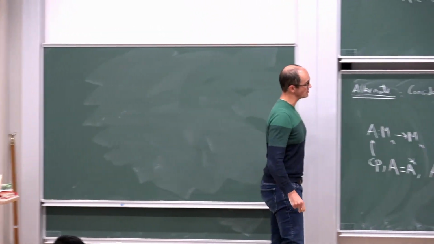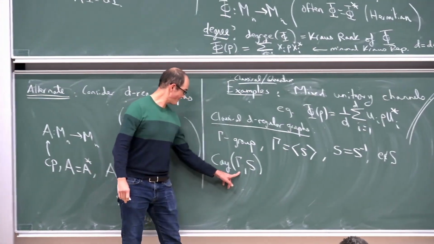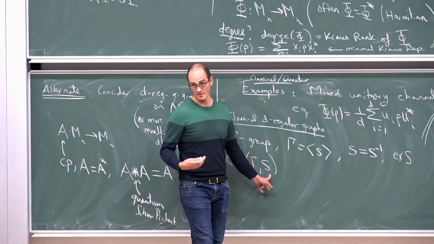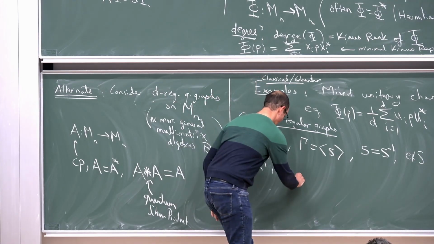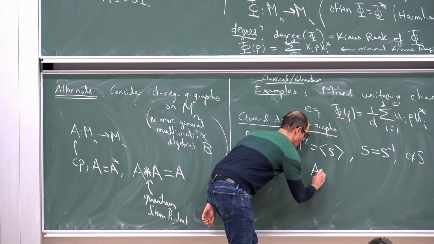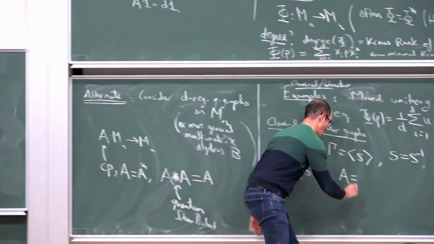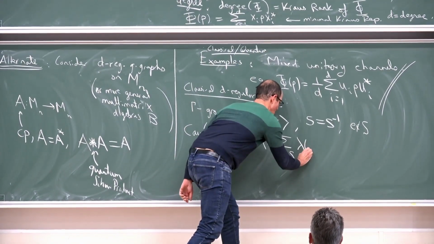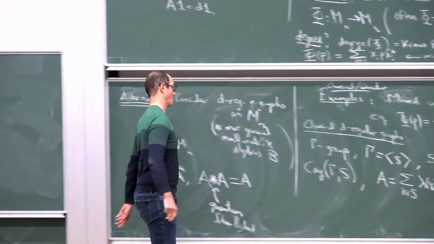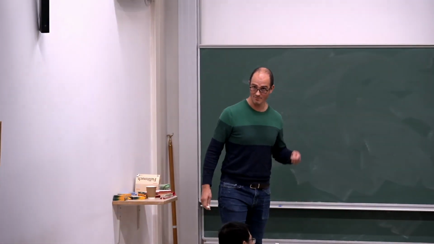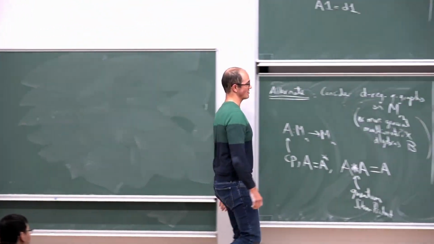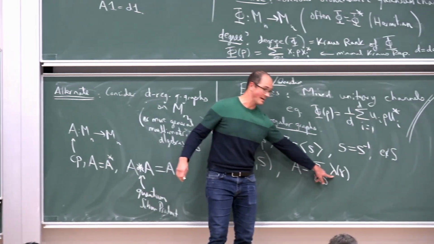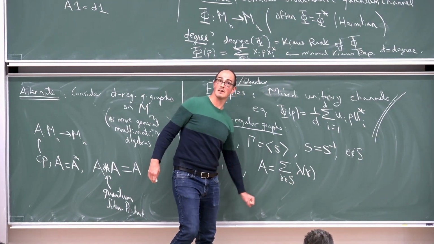The Cayley graph associated to S is the graph whose vertices are the elements of the group, and the adjacency matrix of the graph is, informally, the sum over all gamma in S of the translations by gamma, where I write lambda of gamma, meaning if I think about the adjacency matrix as acting on the Hilbert space of square summable functions on gamma, it really is the left action corresponding to the generating set.